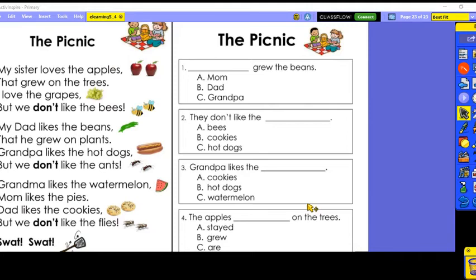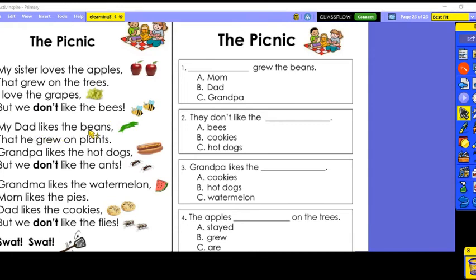Okay, point to the title of our story. The title of our story is The Picnic. Read with me and point to each word as we read. My sister loves the apples that grew on the trees. I love the grapes, but we don't like the bees.